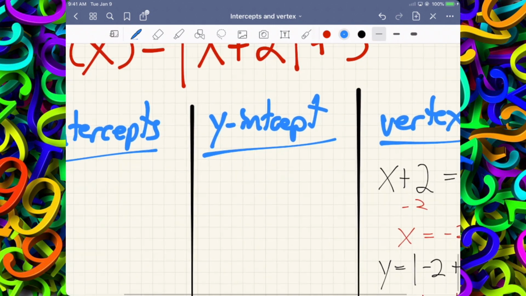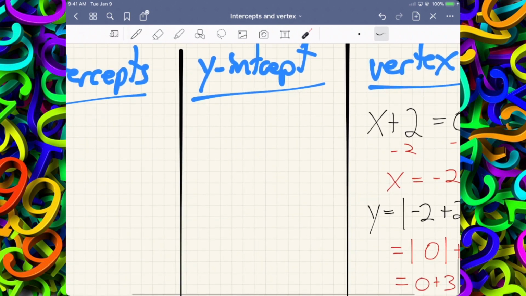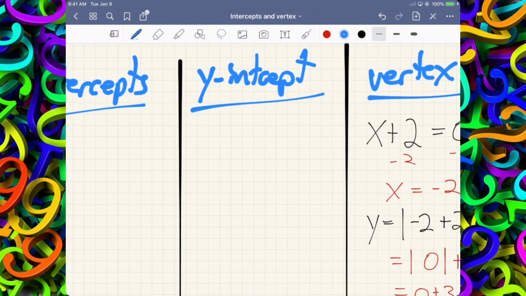Next, let's find the y-intercept of this function. Remember, to do that, we need to plug a 0 in for x. So let's go ahead and do that. We get y equals the absolute value of 0 plus 2 plus 3. And now we'll evaluate.